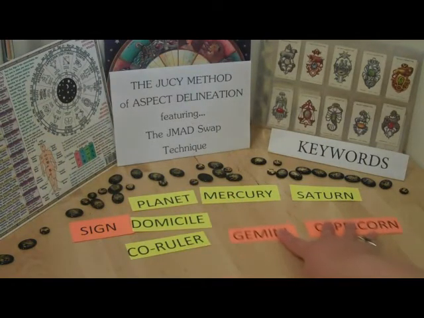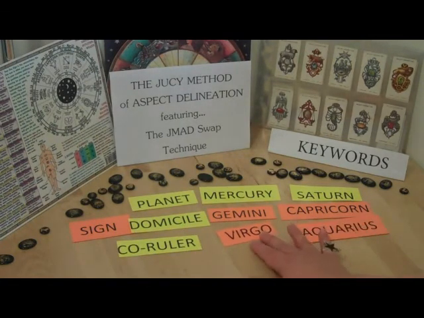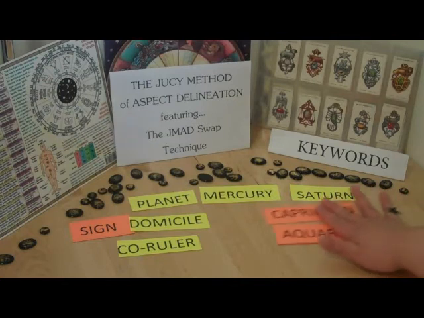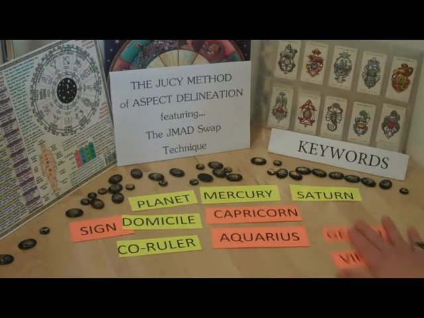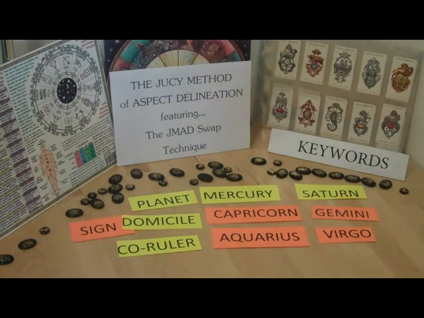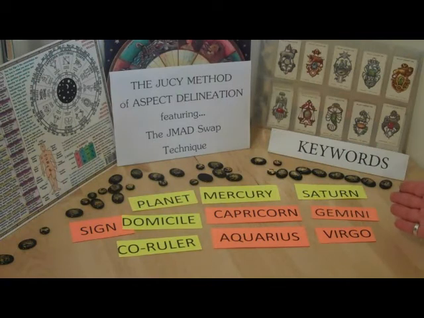Swapping them, we now have Mercury Capricorn, Mercury Aquarius, along with Saturn Gemini and Saturn Virgo.